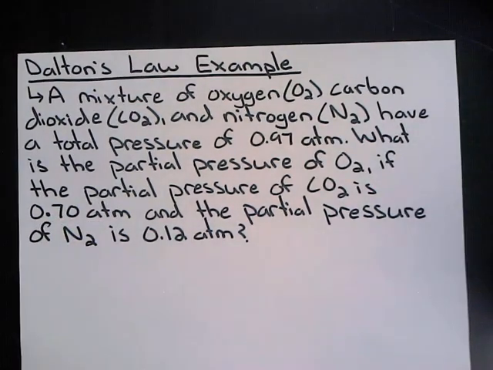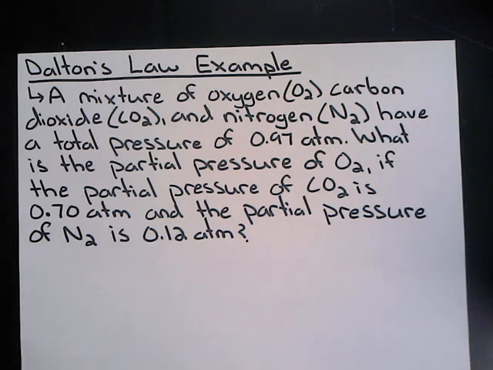Okay, so we have here a mixture of oxygen, carbon dioxide, and nitrogen, which add up and have a total pressure of 0.97 atmospheres. We want to know what is the partial pressure of oxygen if the partial pressure of carbon dioxide is 0.70 atmospheres and the partial pressure of nitrogen is 0.12 atmospheres.